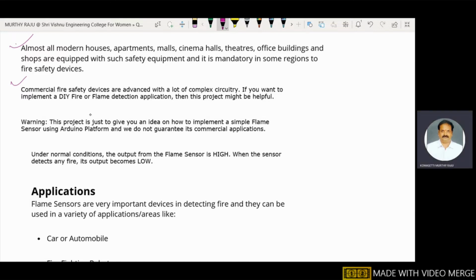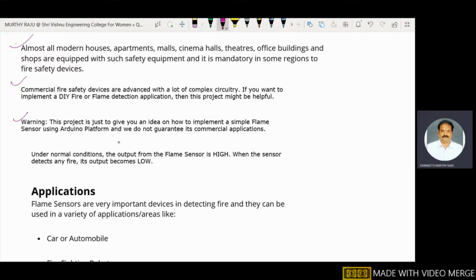If you want to implement a DIY fire or flame detection application, then this project might be helpful. The aim of this project is to detect fire accidents in some important places.